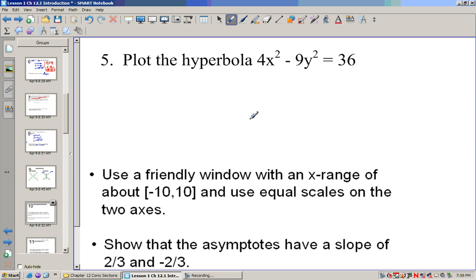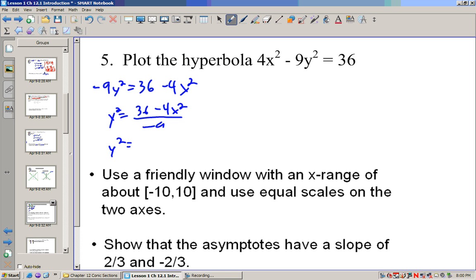Plot this hyperbola. So it looks similar to the previous one, but it doesn't. The ellipse would have a plus, now we have a subtraction. So if we did the algebra, negative 9y squared equals 36 minus 4x squared. Divide by negative 9: negative y squared is equal to, I should actually do this out, so 36 minus 4x squared over negative 9.